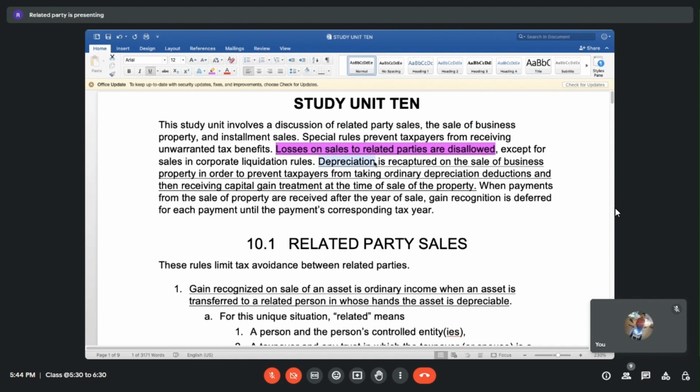we don't want you to just capture everything as long-term capital gain. All that benefit that you have received, make sure you are giving it back. How? By taking that depreciation deduction as ordinary income, and then what is left will be given capital gain treatment.